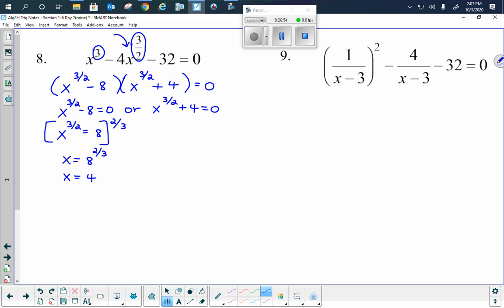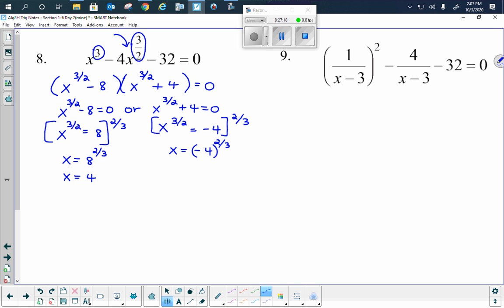On this side, I've got x to the 3/2 equals -4. Clean that up a little bit. And if I raise both sides to the 2/3 power again, I will have x equals -4 to the 2/3. I don't want to do that too quickly.